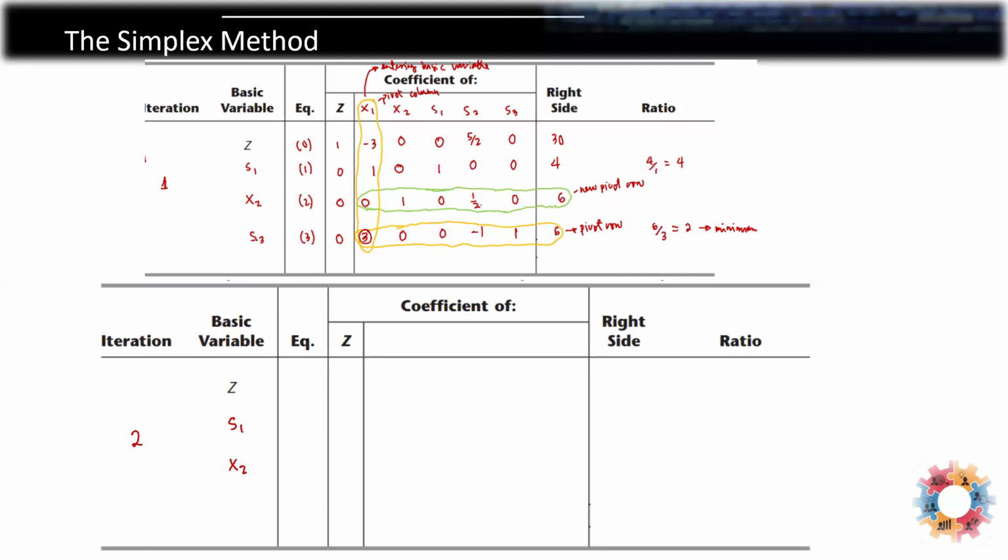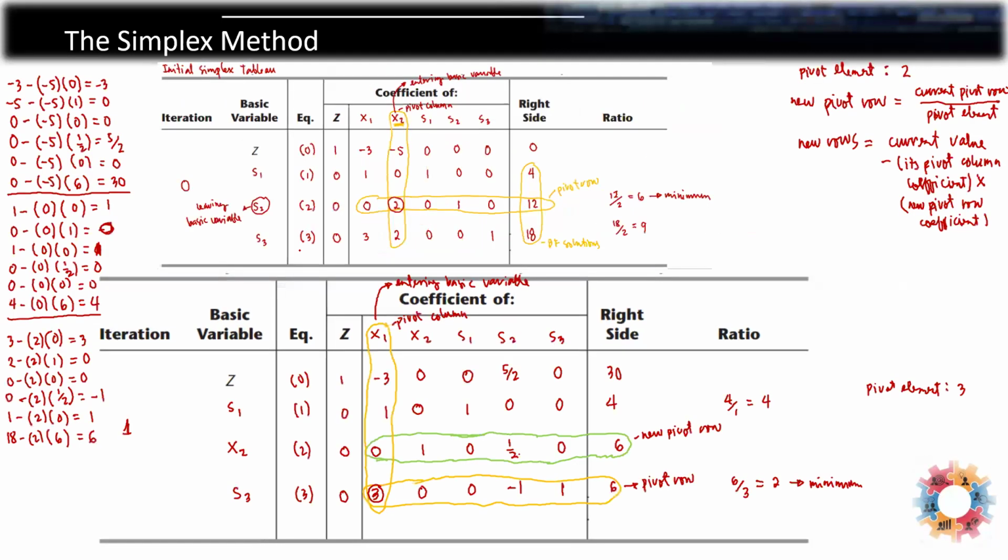By the way, we forgot to emphasize to indicate our leaving basic variable. This is your leaving basic variable. It corresponds to your pivot row. And this will be replaced by your entering basic variable, which is x sub 1.